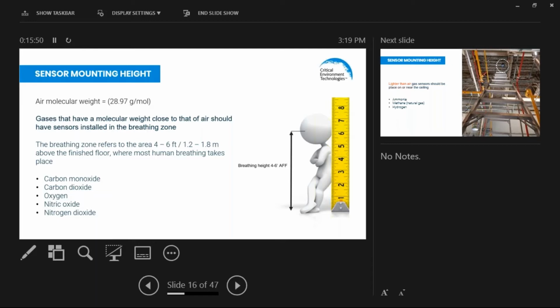finished floor. And that takes into account carbon monoxide, carbon dioxide, oxygen, nitric oxide, nitrogen dioxide, all toxic gases in the workplace, measured in the breathing zone.